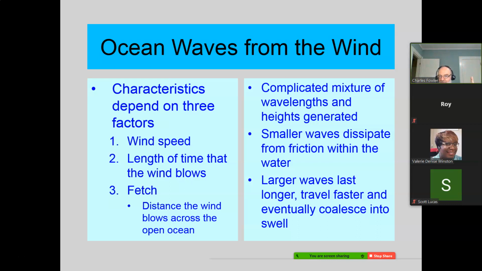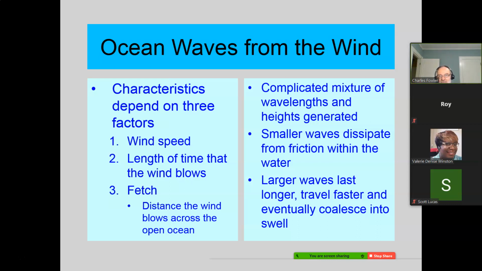Now, why is that? If you had the first half of the book when they talked about energy, there are two basic types of energy. One is kinetic energy and one is potential energy. Wind is moving, so that's kinetic energy.